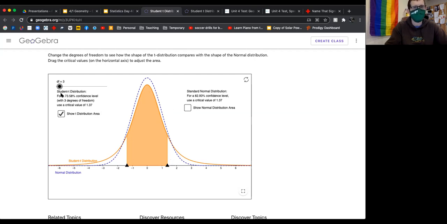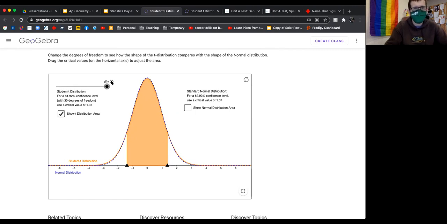They don't look much different, especially notice what happens when we go from degrees of freedom, and we're going to talk about degrees of freedom next. When I go from degrees of freedom 1, that's a pretty big difference. But when I get up to even degrees of freedom 7, there's not much difference. And as I go up, it doesn't change very much. When I get up to 30 degrees of freedom, it's practically the same thing.